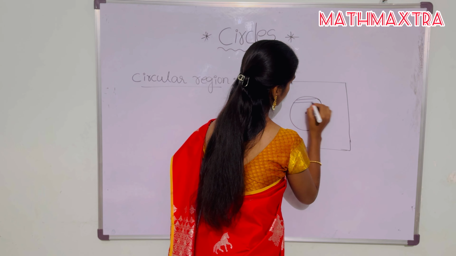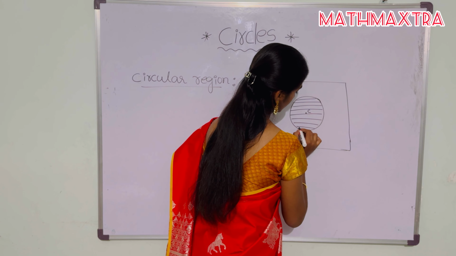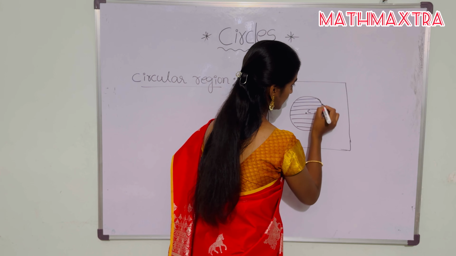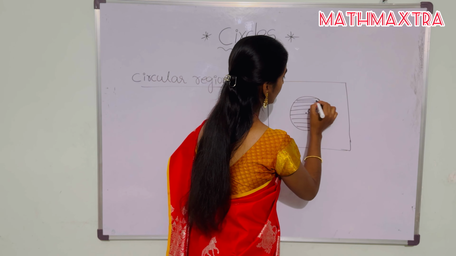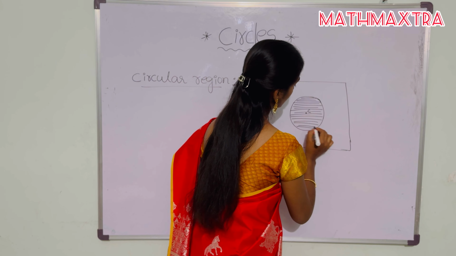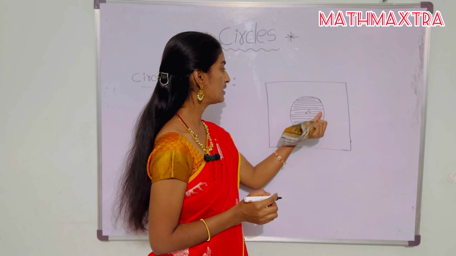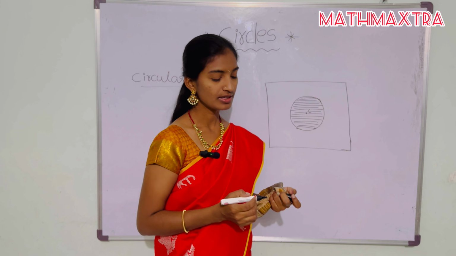See, if we shade this region along with the circle, this circle along with the interior of the circle, this total region we call a circular region of a circle.